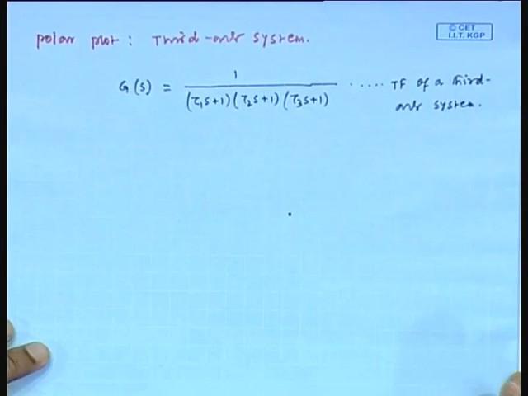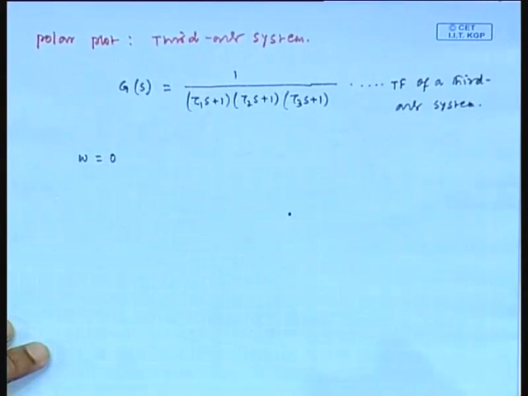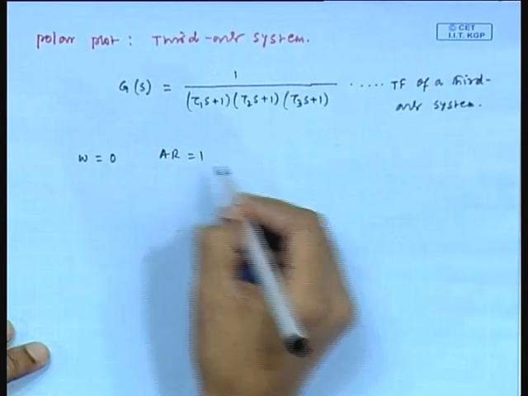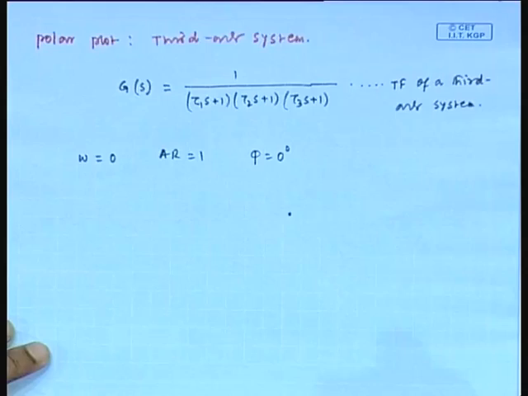Now, it is easy to show that when omega equal to 0, amplitude ratio becomes 1 and phi becomes 0 degrees.